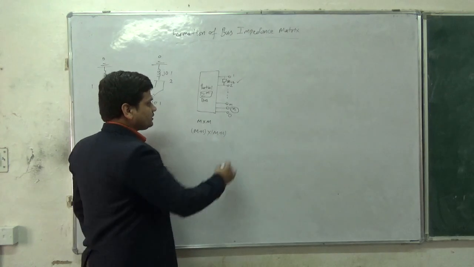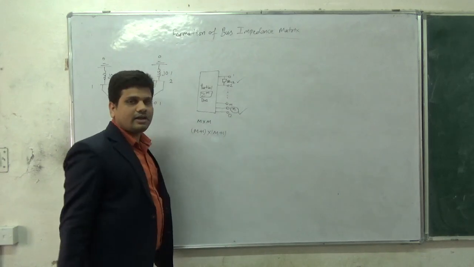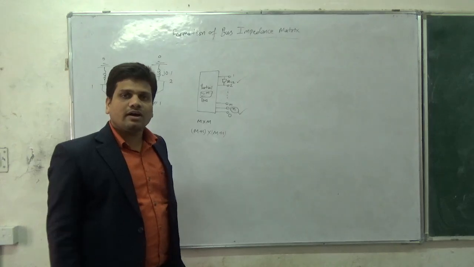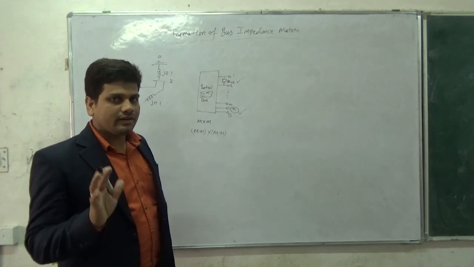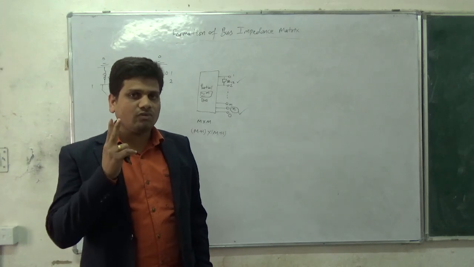So there are 2 things. This is a new branch, so it will come under the addition of branches. This is a new link, it will come under the addition of links.